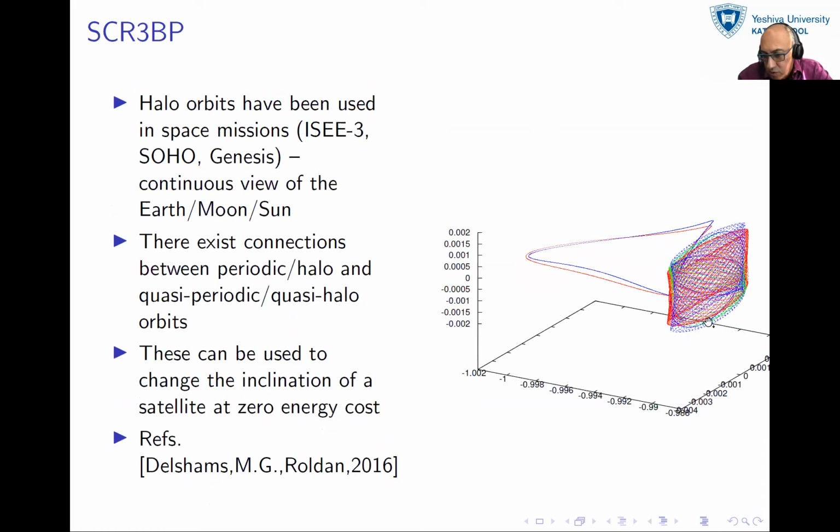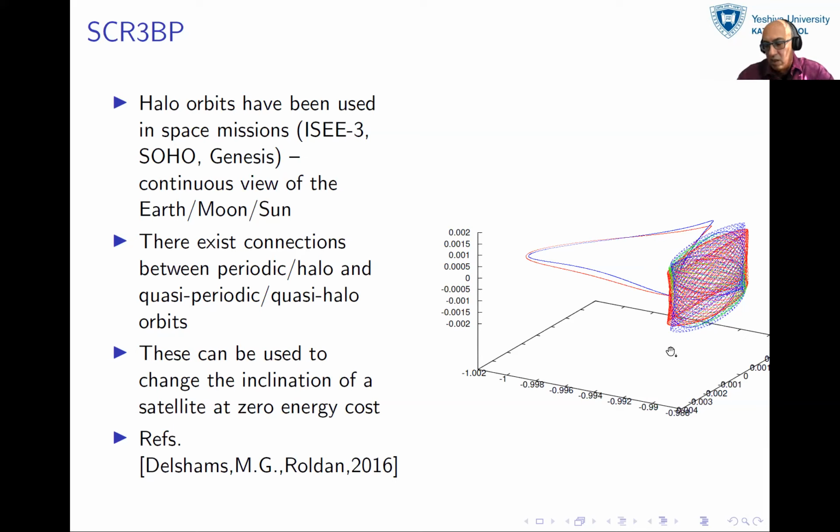So for instance, if you want to switch from the green torus to the red torus, you see that you go away and you come back, but you spend a lot of time moving on these tori in order to make the next jump. So here, if you are willing to fire the rocket, you can sort of take shortcuts.